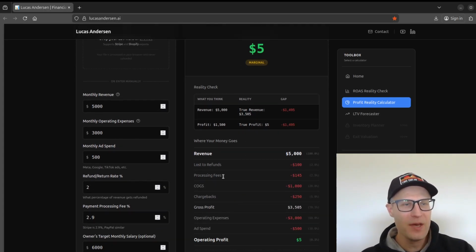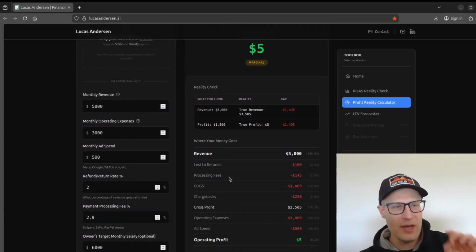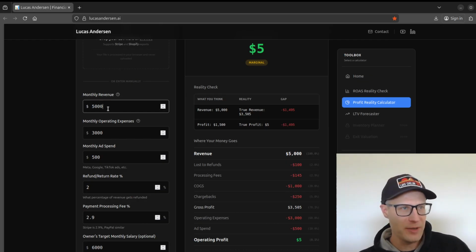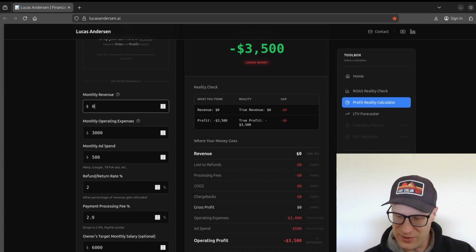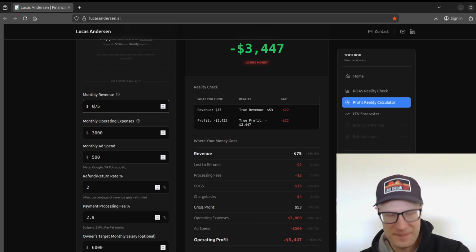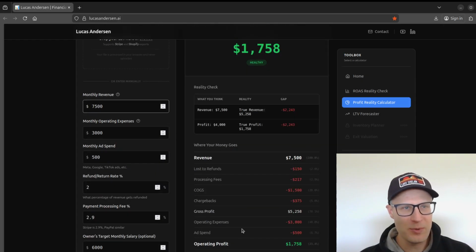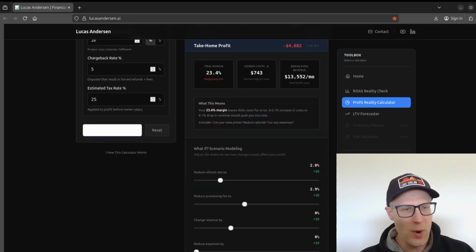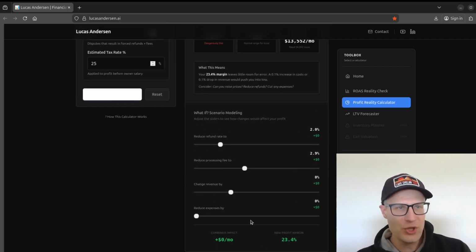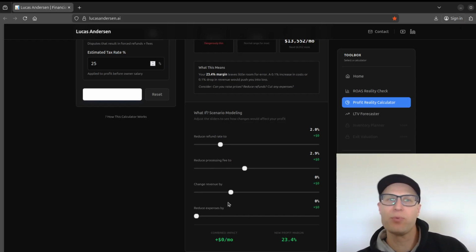With these types of inputs we get a bottom line number, right? Hopefully we can get this up a little bit so it's not so discouraging. There we go. All right, and we see some sort of number here. What's interesting is what happens when you change the refund percentage ratio or your processing fee.